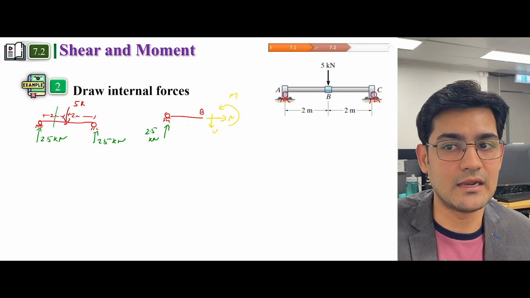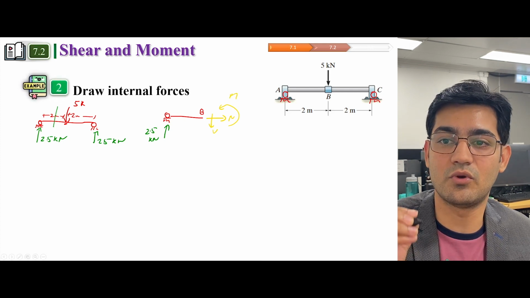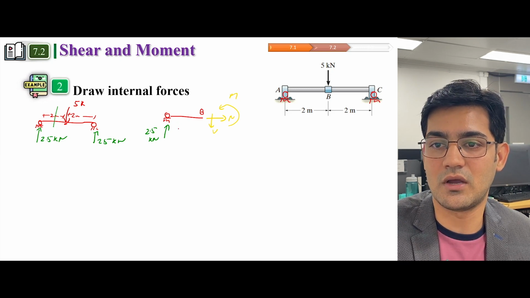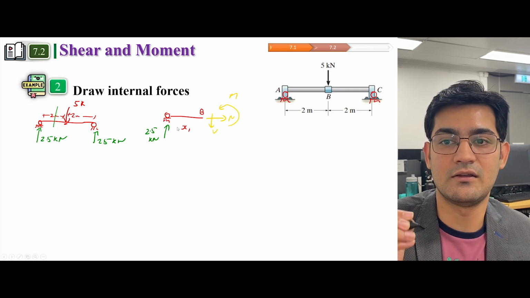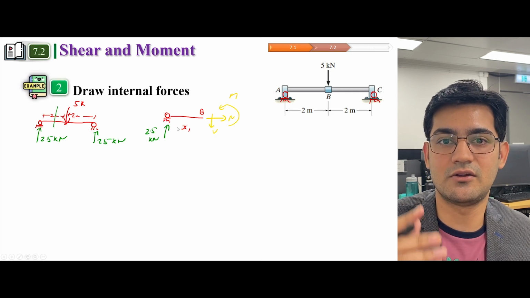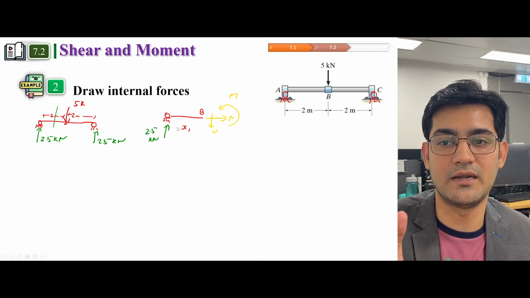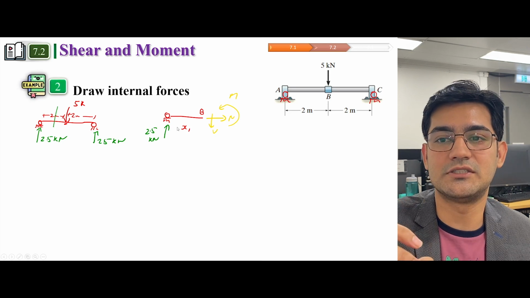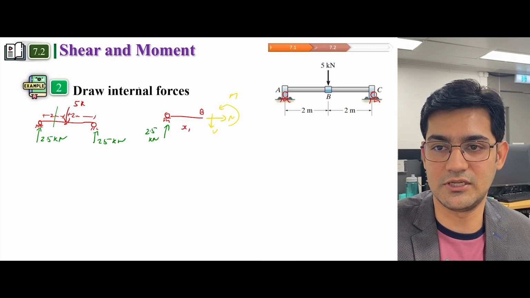Now we can directly calculate this, but what we are interested in here is to make an equation. So how will we make an equation? Because we are interested in distances, we want to calculate the shear force and bending moment diagram at different distances. So we want an equation where we can input the distance and calculate the shear force and bending moment.